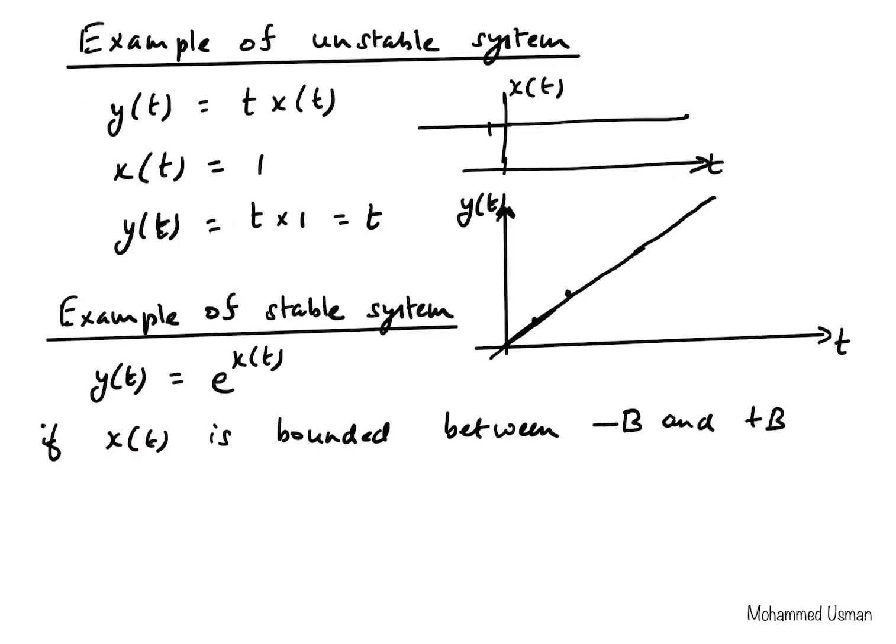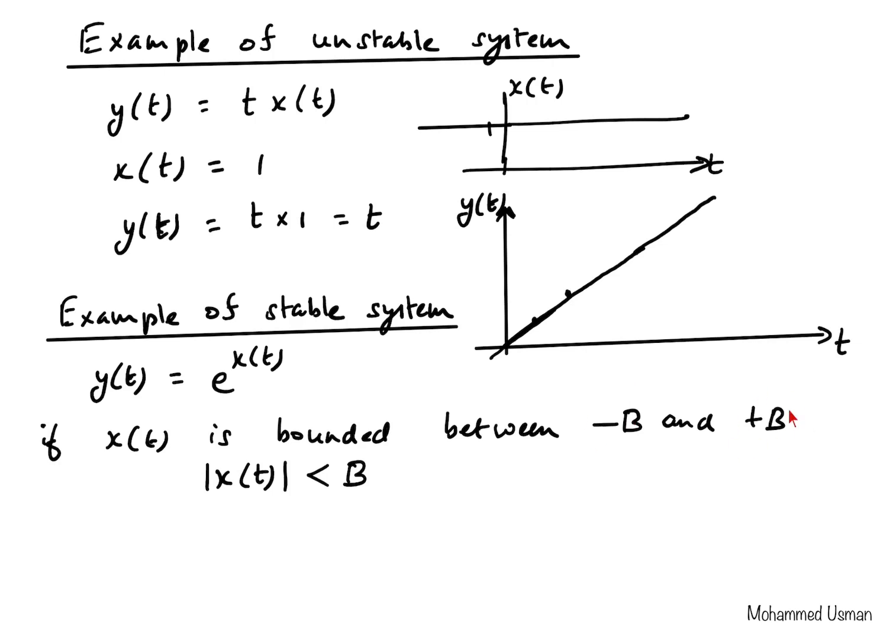So in other words, we write that the magnitude of x of t is bounded by b, or x of t is lying between minus b and plus b. In that case, what happens to y of t? y of t is going to be bounded between e power minus b and e power plus b.